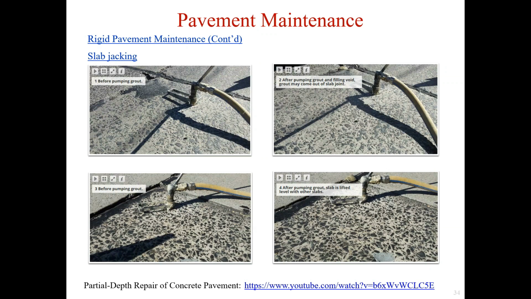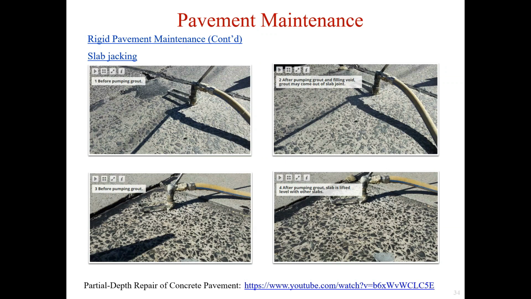This treatment stabilizes and underseals concrete pavement slabs by pumping a grout mixture through holes drilled in the pavement into voids beneath the slabs, effectively pushing it up from below. The grout commonly consists of fly ash with approximately 6% cement. The process is also commonly referred to as mud jacking and pressure grouting.